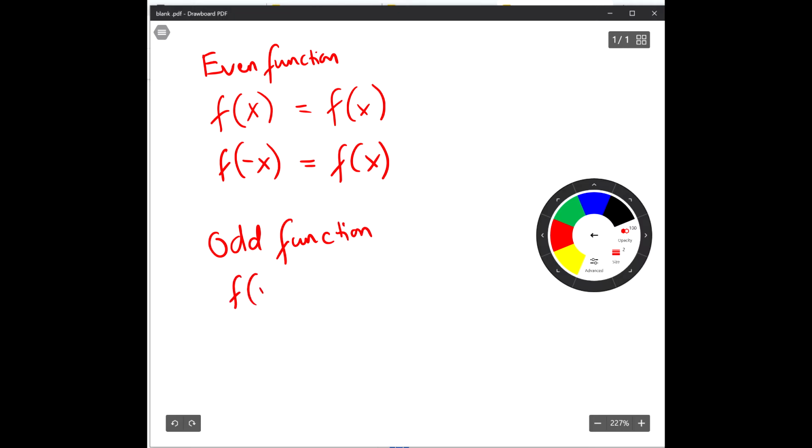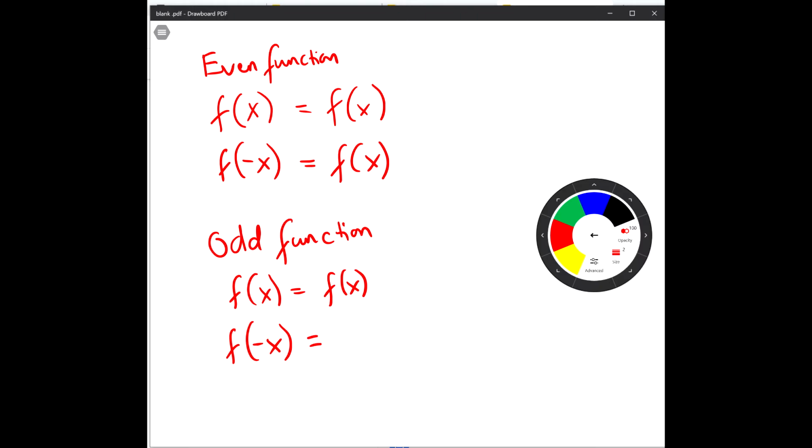Odd function. Of course, f of x still stays as f of x. F of negative x. And the reason I purposely use negative, but that's not right, we should call it the opposite of x, because I don't want you to always keep in mind that it has to be a negative value, but any value of x that's opposite to the original one.